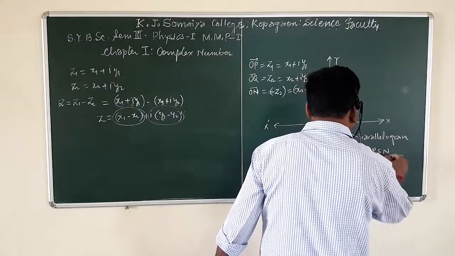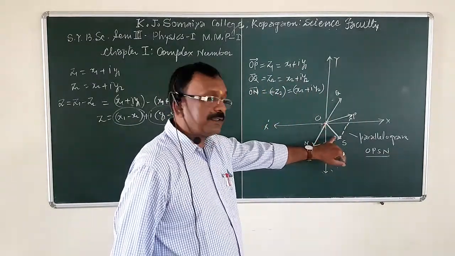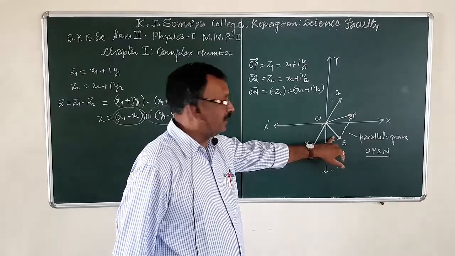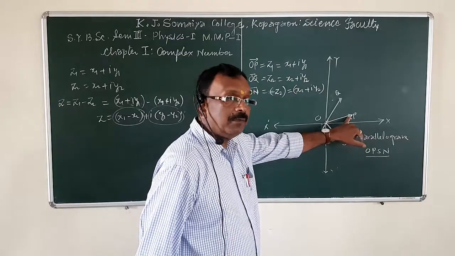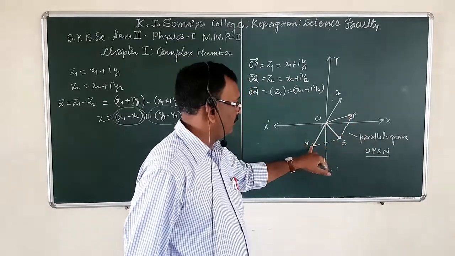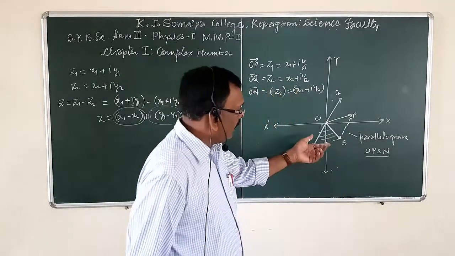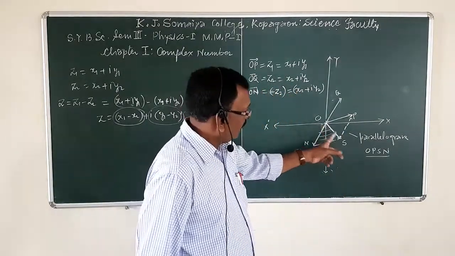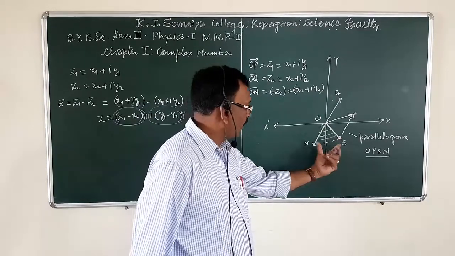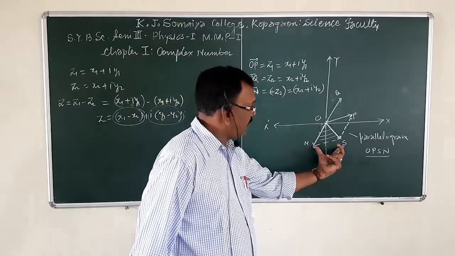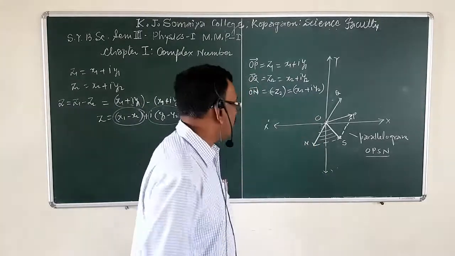From this parallelogram, we can say that vector OS gives the difference between vector OP minus vector ON. Or when we consider this triangle, then it is clear that vector OS is equal to vector NS plus vector ON. This is the law of parallelogram.